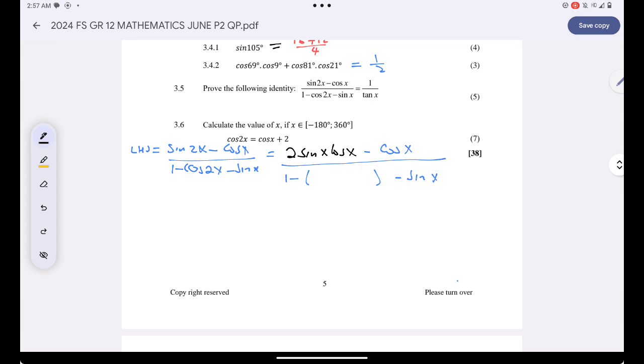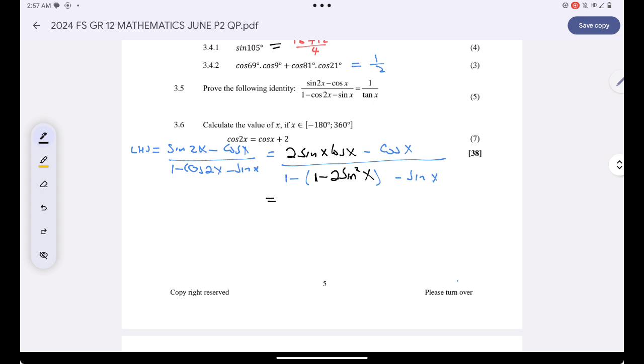Another hint I could have used, I would say I wanted to change everything at the denominator to have one trig ratio. Are you together? So I'll just say 1 minus 2 sine squared x. Are you together?